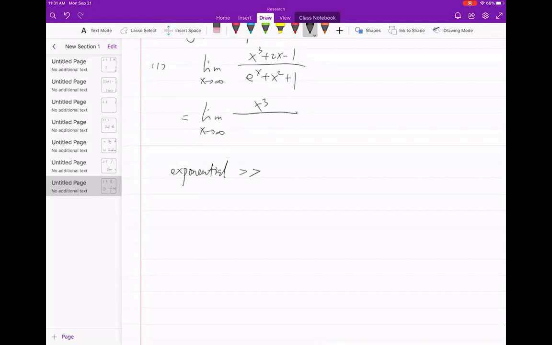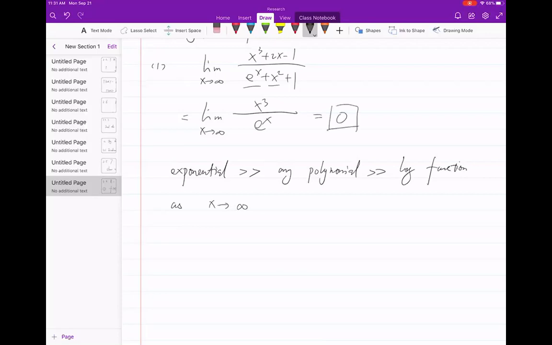We put two bigger-than signs to indicate that it's way bigger than any polynomial, which is way bigger than any log. Because exponential is fast, the log is slow, as x goes to infinity. Which indicates between these two, select e to the x, which also means the limit is 0 because the bottom is way bigger.